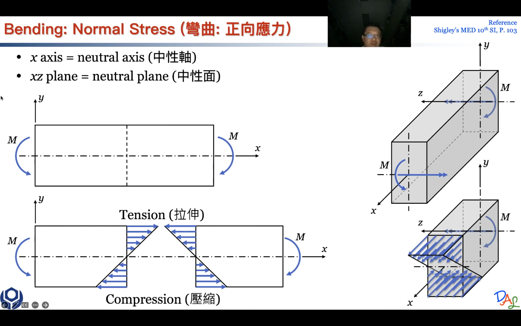And even if we cut this whole thing in half, and treat only the left part of the material as our system, this half system still follows balance of moment, and this is how you can calculate stress everywhere.